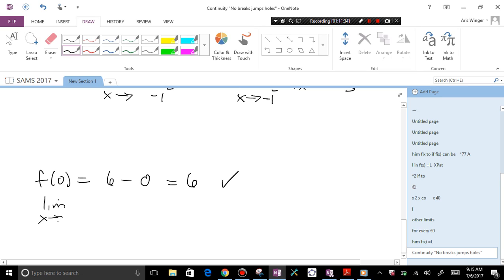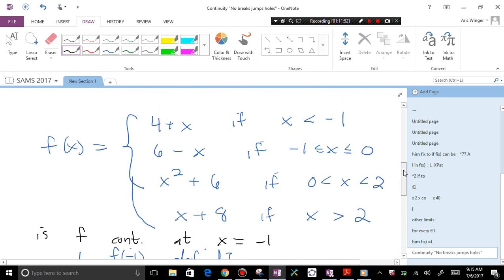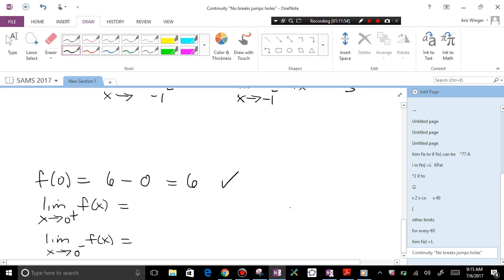The limit as x tends to 0 from the right, and the limit as x tends to 0 from the left. From the right we're talking about x squared plus 6.